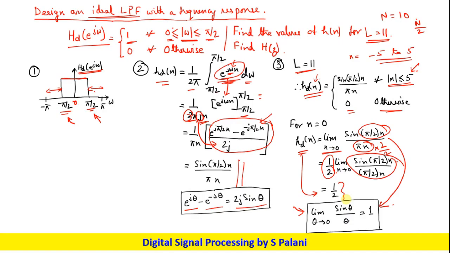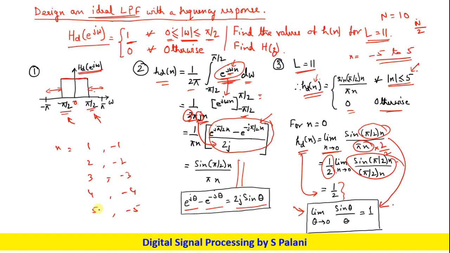Now the next thing is that we have n values: 1, minus 1, 2, minus 2, 3, minus 3, 4, minus 4, and 5, minus 5. Yesterday we discussed that FIR filters have symmetric values.